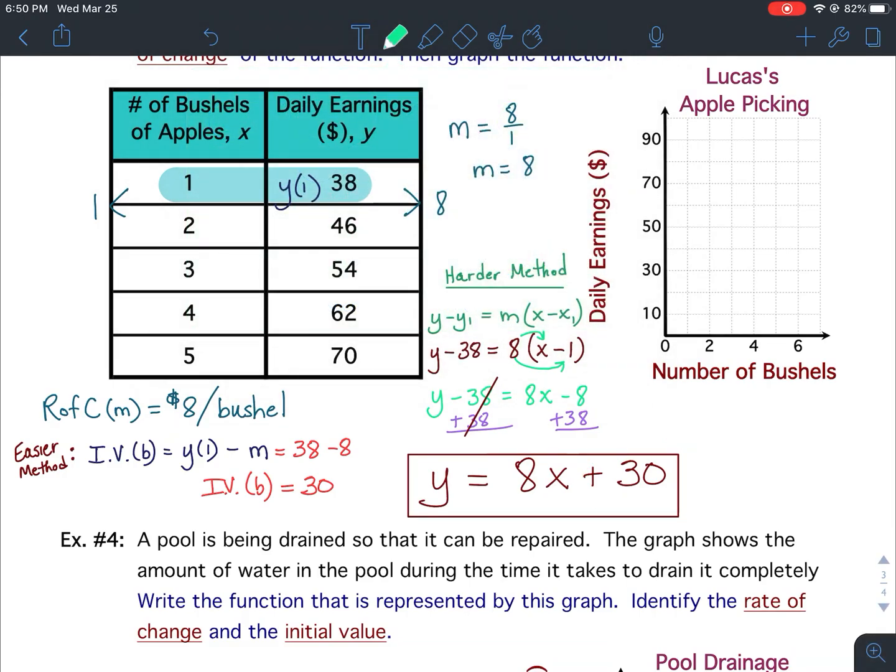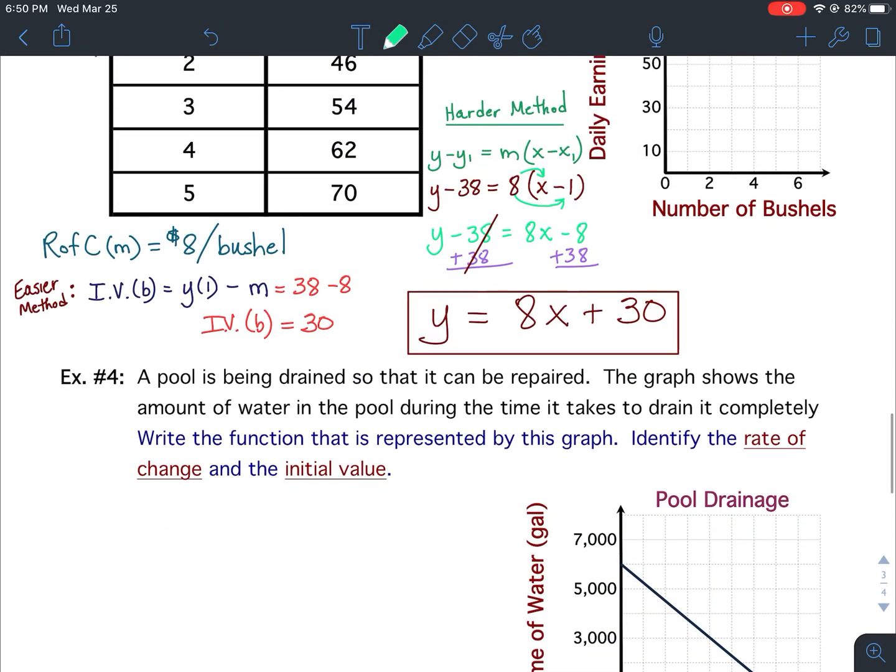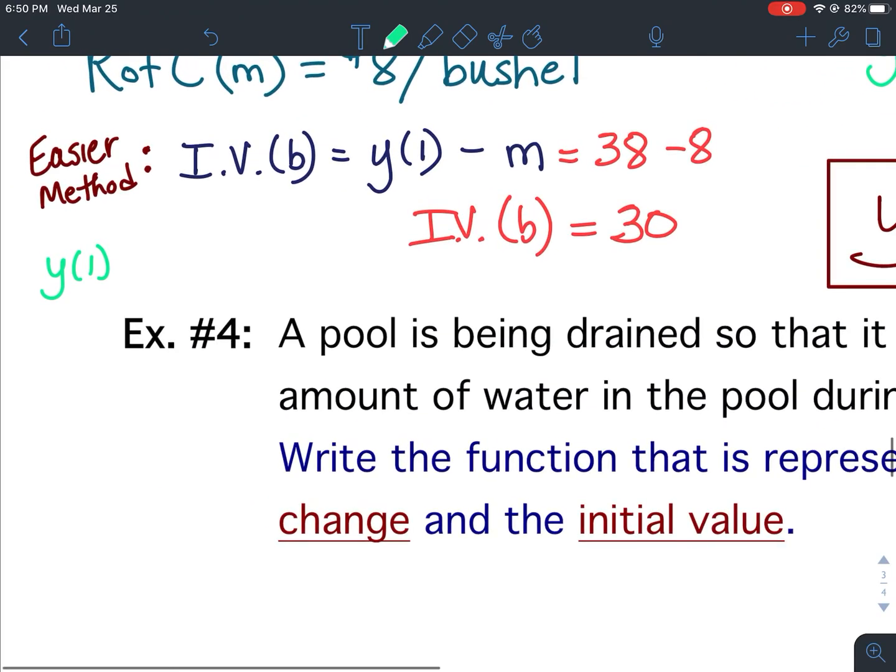One more thing. Just so you remember, I want you to put this. Let me make it larger. So this means it is the value of y when x equals 1. So if they give you a chart where x equals 1, look to see what the y value is, take that y value, subtract the slope, and you've got your initial value.